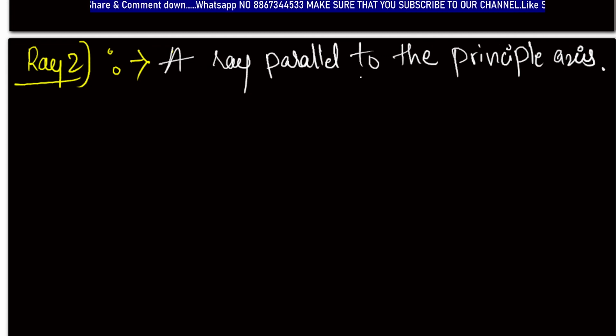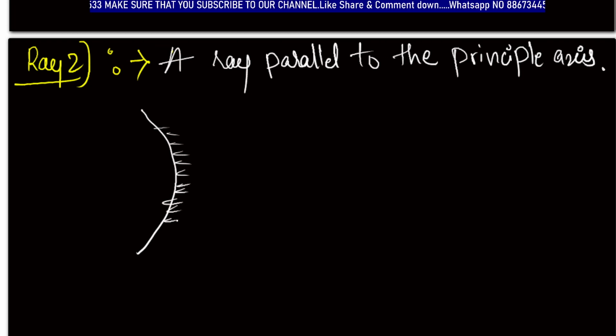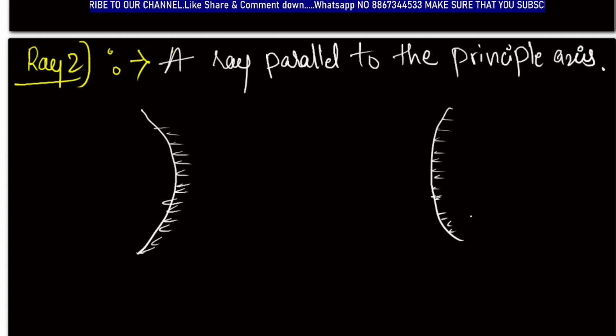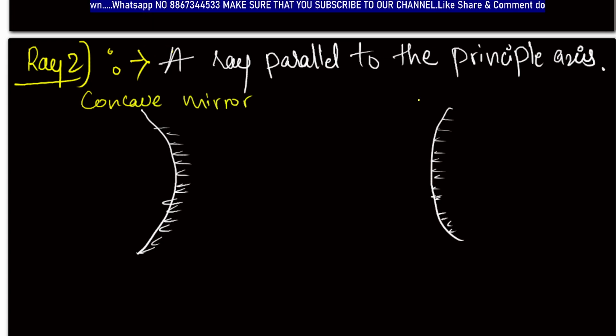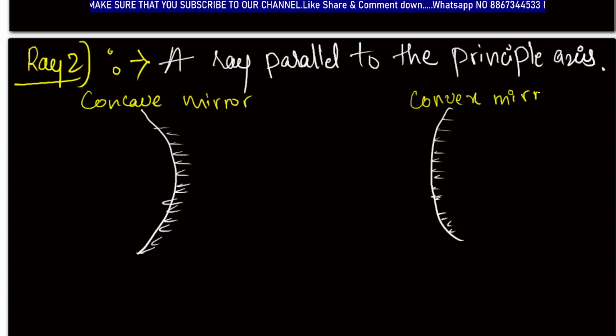Consider this is the concave mirror, this is the convex mirror. You should actually know how these rays act, so that whenever you have any problems in MCQs, it will be easy to find where the image forms and what type of mirror is used, if you know this image formation from these mirrors.